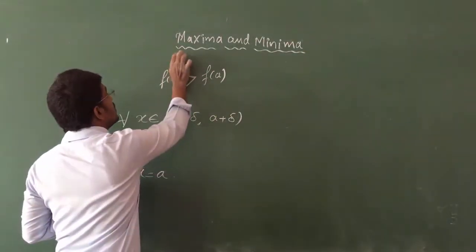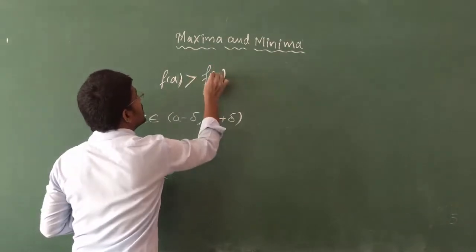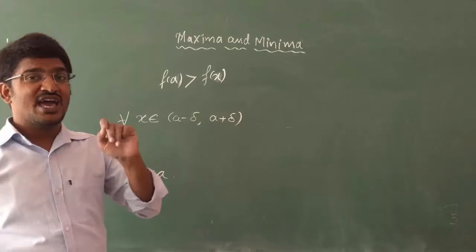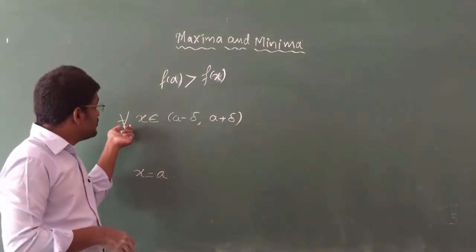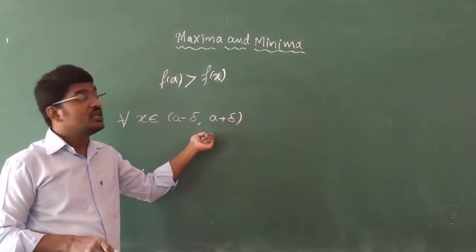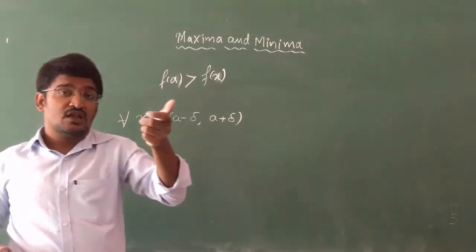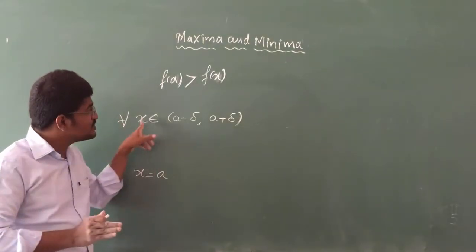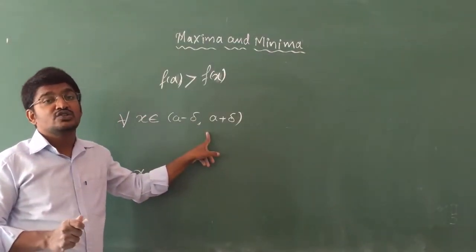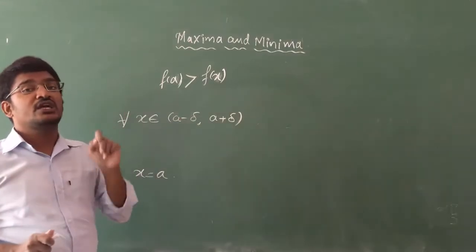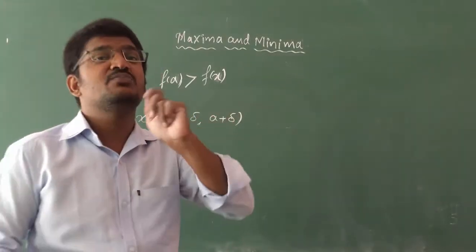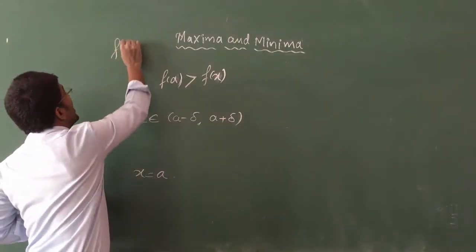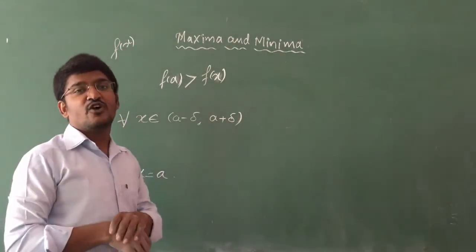Sorry, f of a must be greater than f of x. f of a must be greater than f of x. That is, for every x belongs to this neighborhood, f of a must be greater. f of a must be greater than for every x belonging to this interval, so that this f of a is going to have a maximum value for the given function f of x.